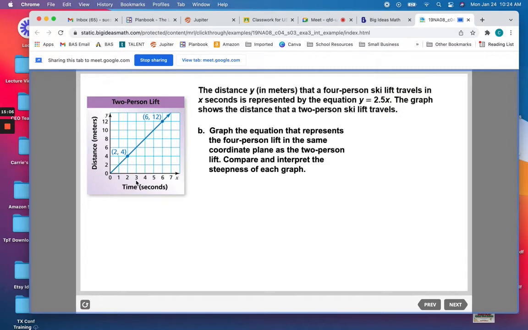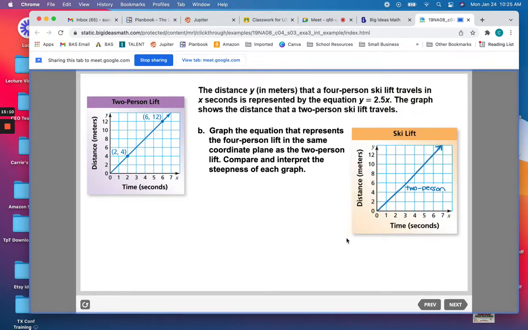You guys can just sketch it in your journal. Again, we start at 0, 0. And then our slope was 2, so we went up 2 over 1. Oh, no, this is four-person, I'm sorry. So we're going up 2.5. The graph makes it very noticeable. You see how it's a much steeper line?